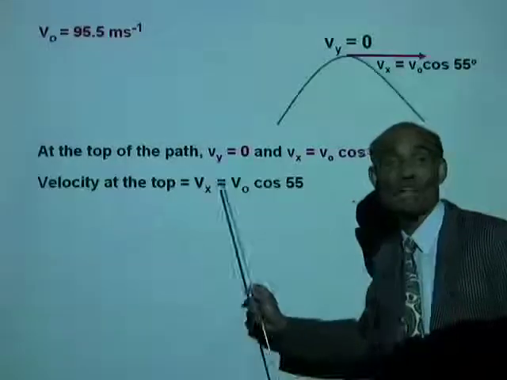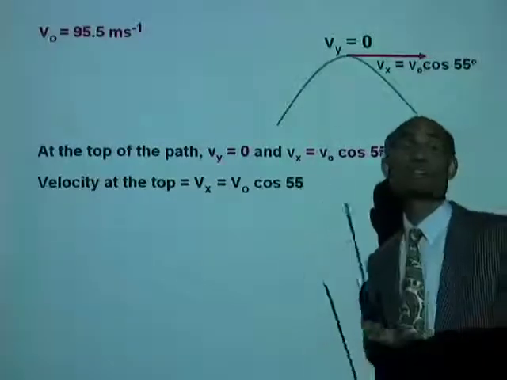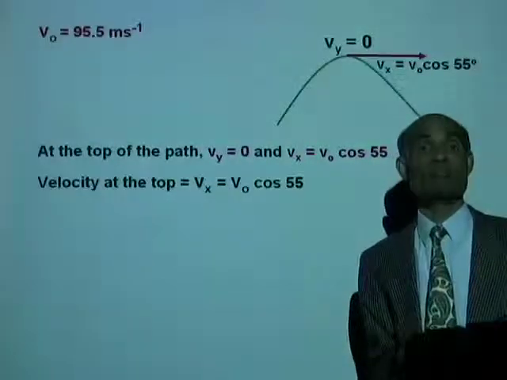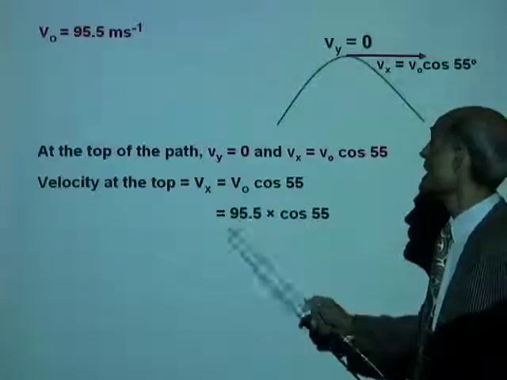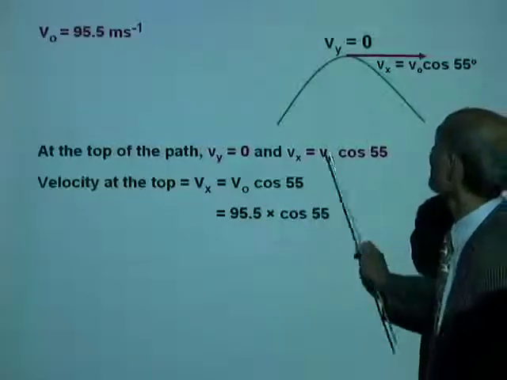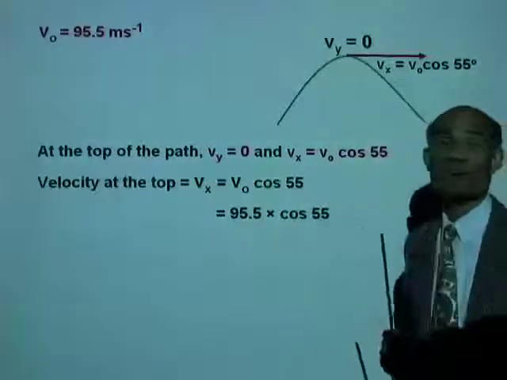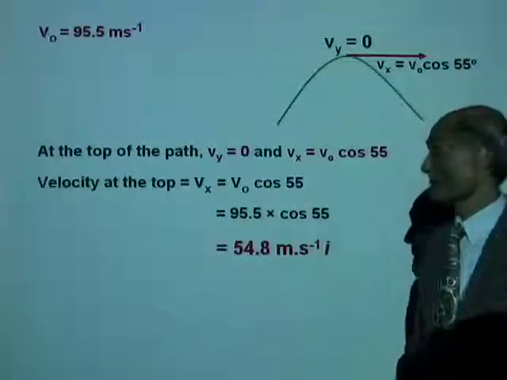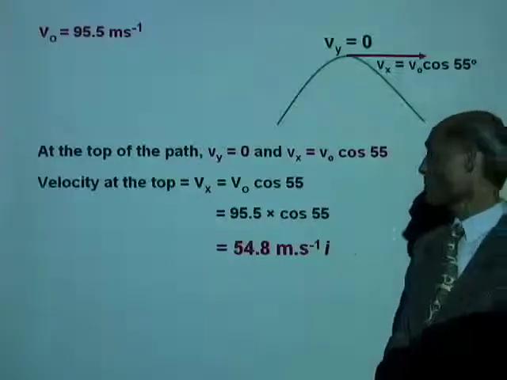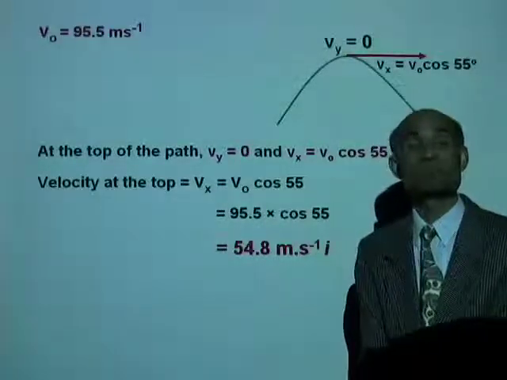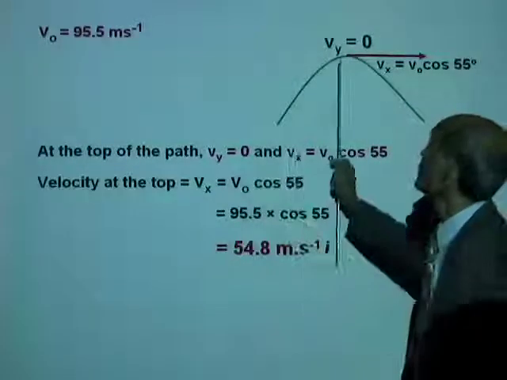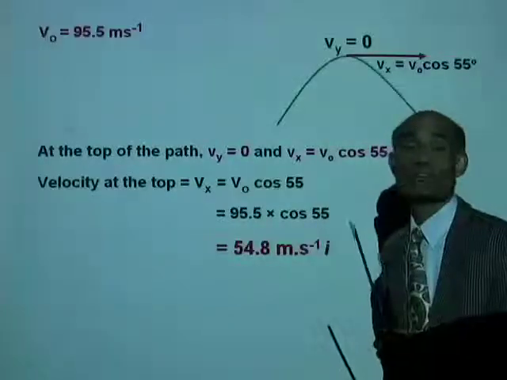Therefore, the velocity at the top is V0 cos 55, and that will be 95.5, the value of V0, times cos of 55 degrees, and that is 54.8 meter per second. It is directed in the x direction.